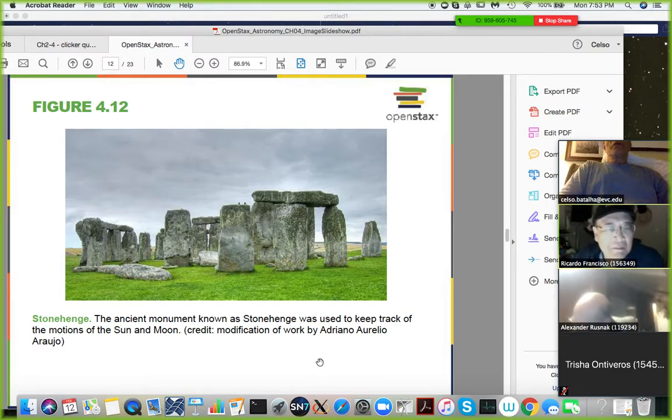If you go to History Channel, the people doing history, they say, "Oh, that's a burial site," and they are right in saying that because there are several burial sites in Stonehenge, but it doesn't mean that Stonehenge was built to be a burial site.